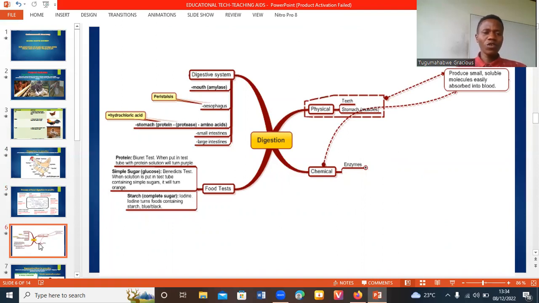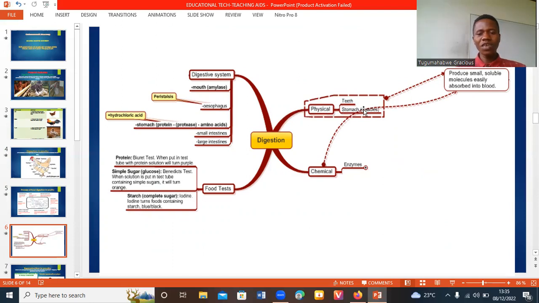We go to the next one, which is a mind map. This mind map is also showing the process of food digestion. It shows digestion in the middle, and it is showing the process. The process of digestion takes place in two categories: chemical and physical. Then it goes through the stomach, and physical digestion is carried out by teeth and stomach.